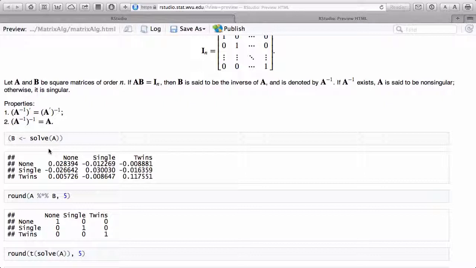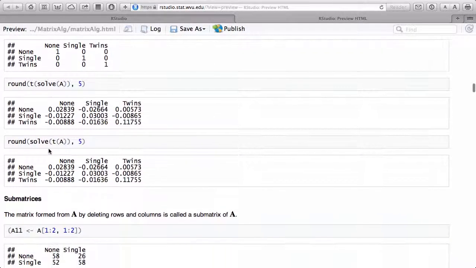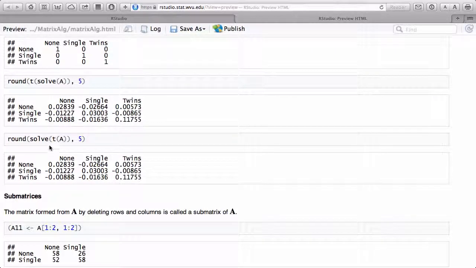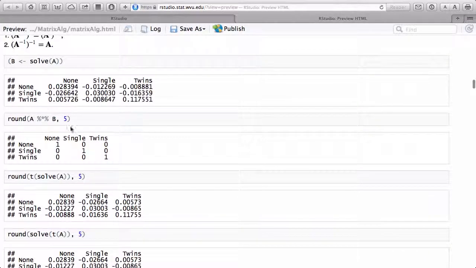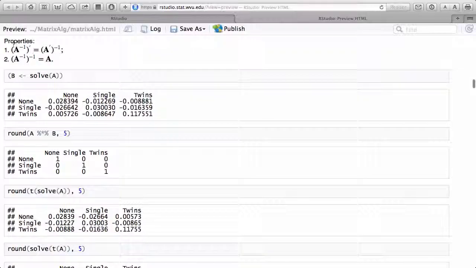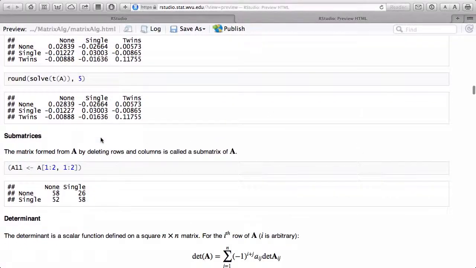It's also true that the inverse of the inverse gets me back to A. So what I'm showing here is t of solve of A, the transpose of the inverse of A. Here I'm doing it in reverse, the inverse of the transpose of A. But notice they're the same. I was just representing property 1 up here.